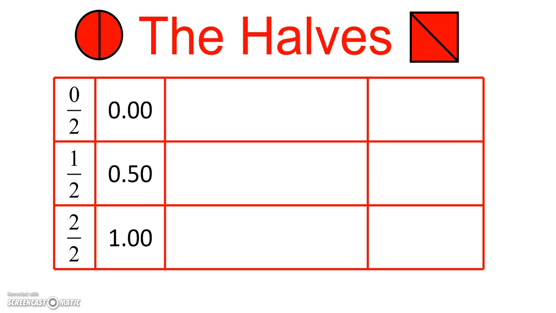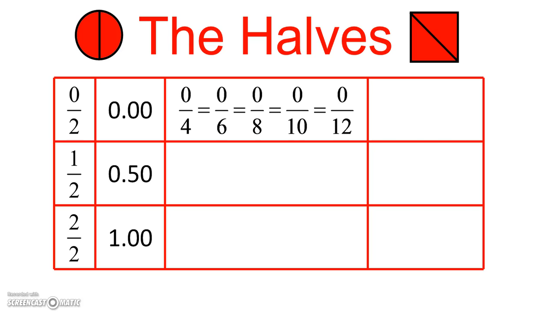Let's move on to other equivalent fractions. For 0/2, I could list quite a few. They all have 0 in the numerator, and the denominators are all multiples of 2. If you need to, you can check the math. They will all divide and equal 0.